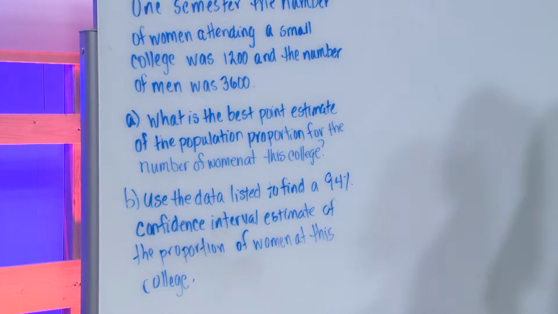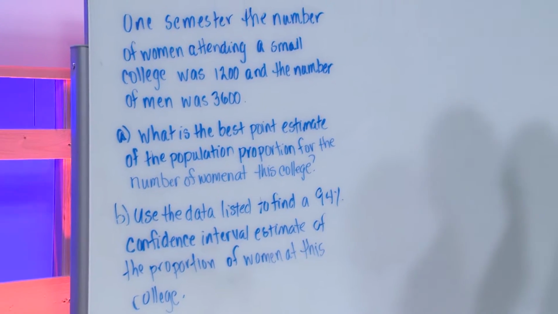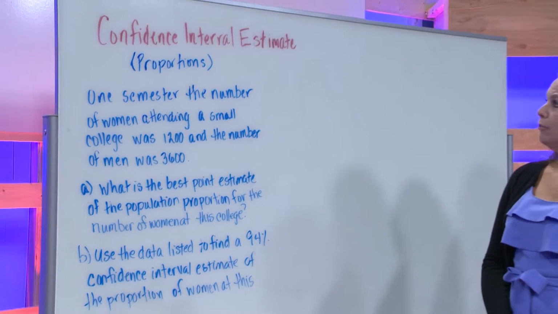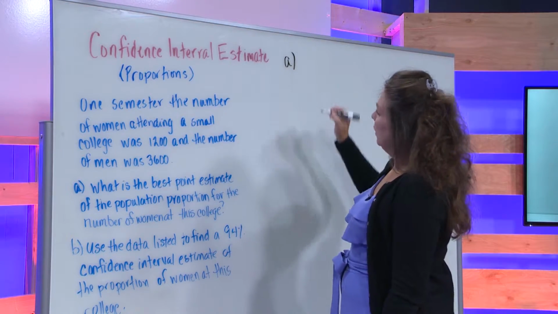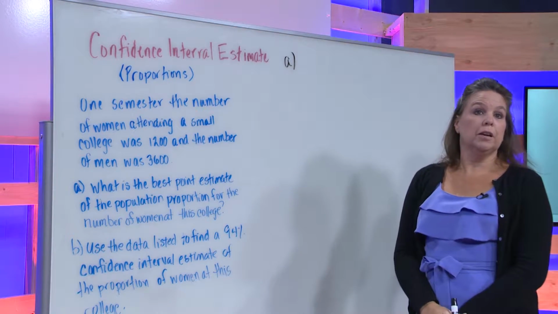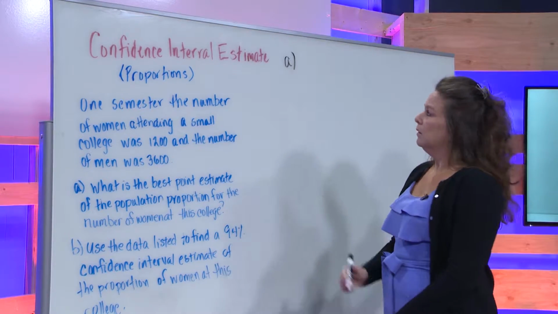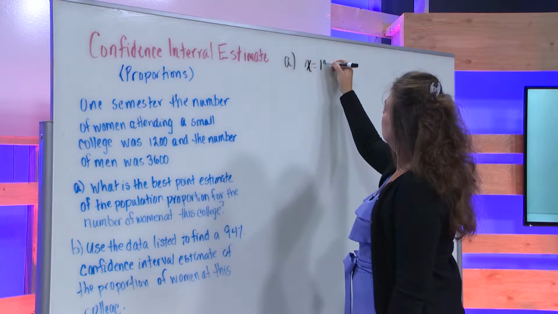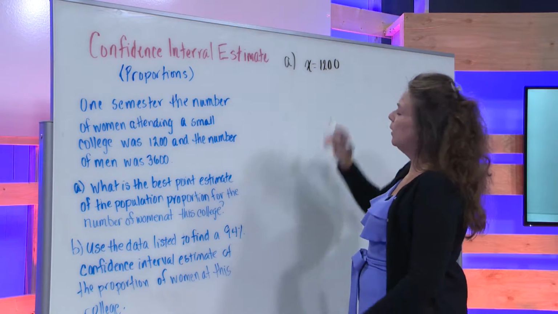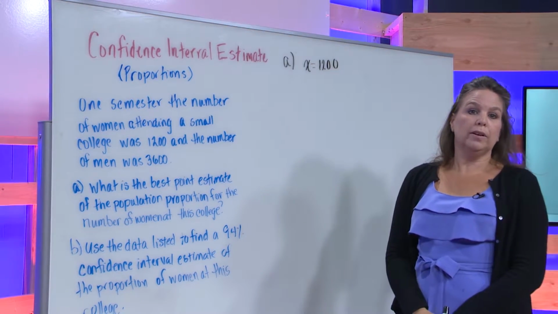So the first thing that we want to do is list the best point estimate for the problem. So part A here, and we're talking about the proportion of women at the college. The number of women at the college is 1,200, so X is equal to 1,200.